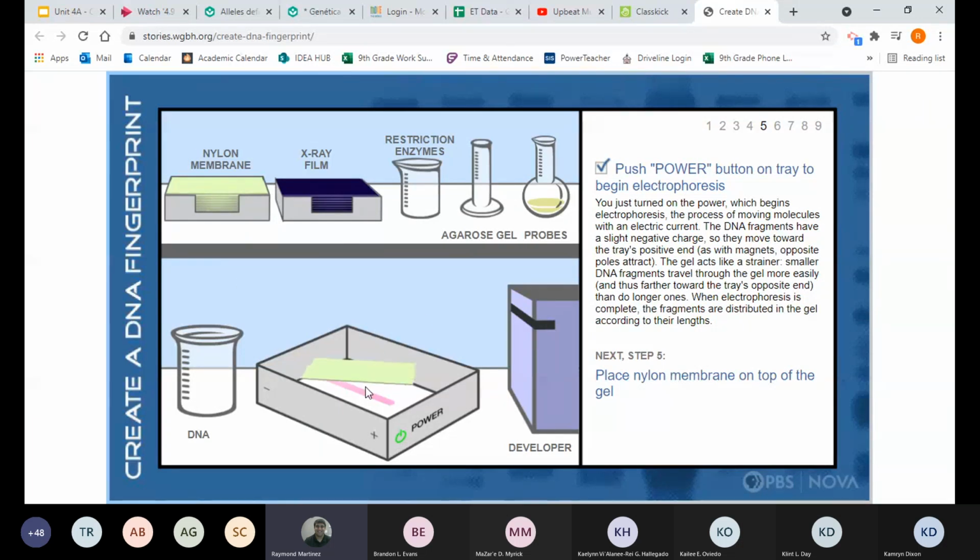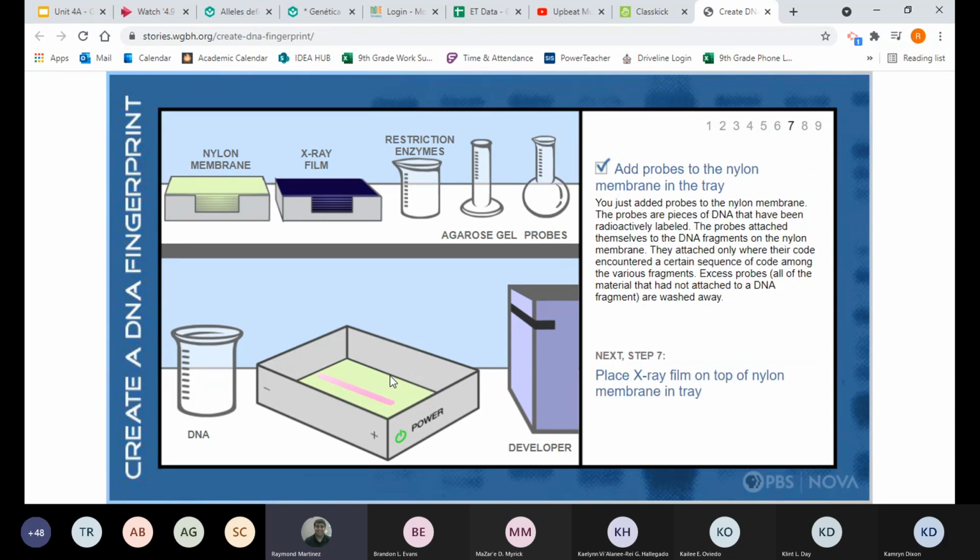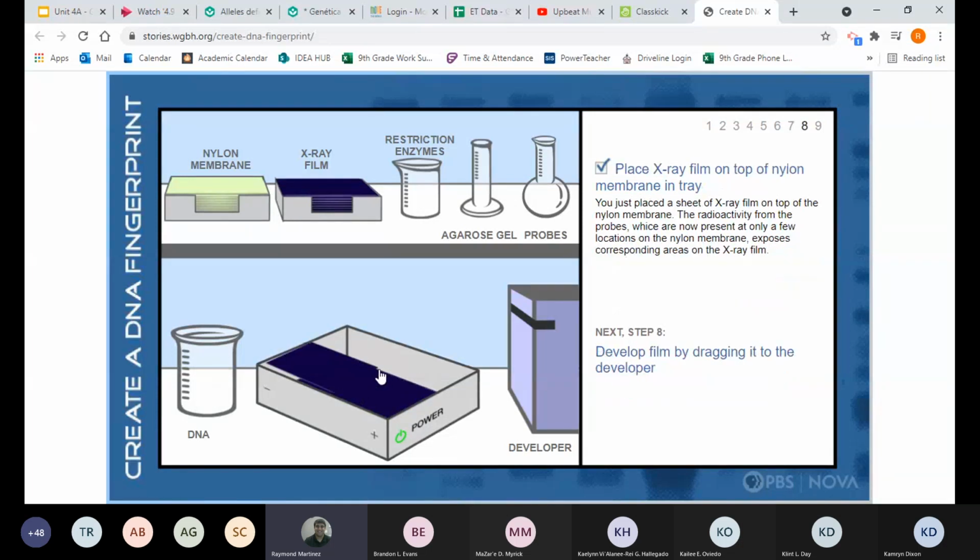Putting a nylon membrane on top. Okay, now we're going to add some probes so we can actually see it with our eyes. Now we're going to place the X-ray on it so that we can take a picture.